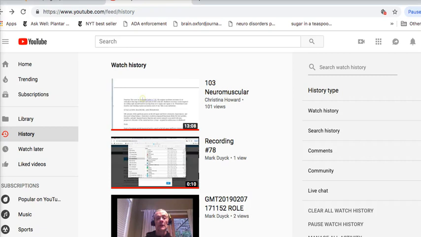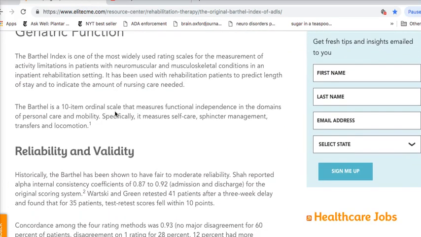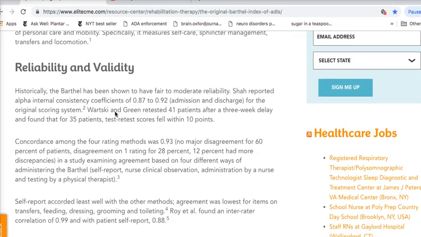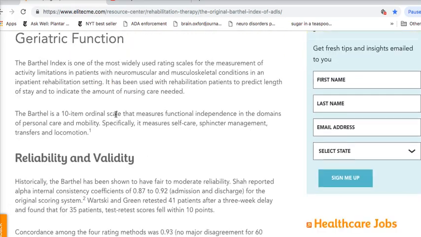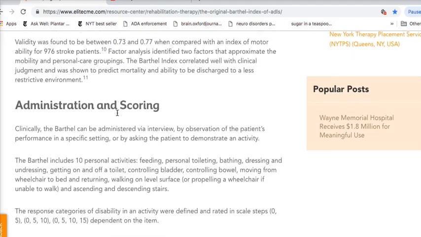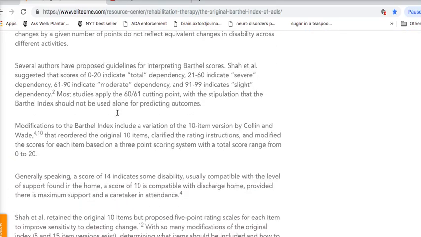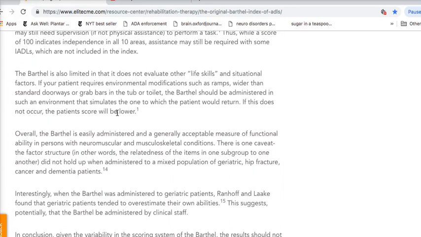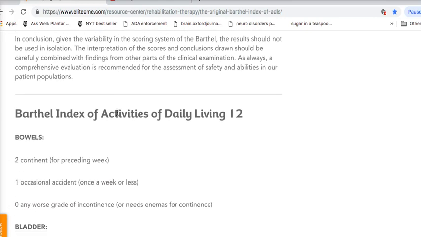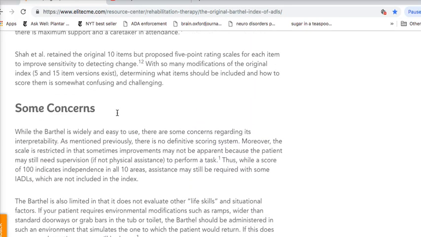Let me just share that with you real quickly here. Barthel Index of ADLs, the one that scale that's 0 to 20. So in this case, you're looking at the Barthel Index on a scale of 0 to 20, not based solely on 100.